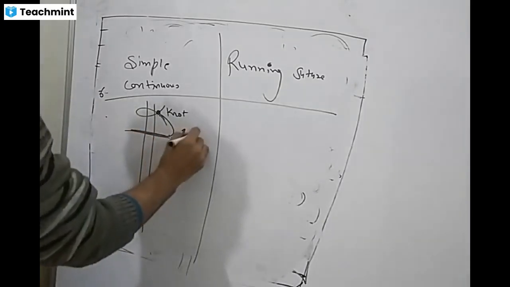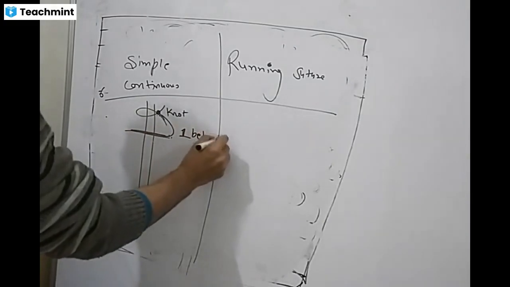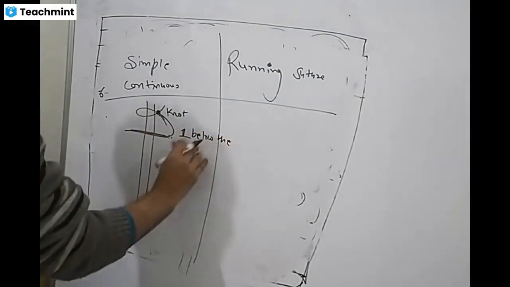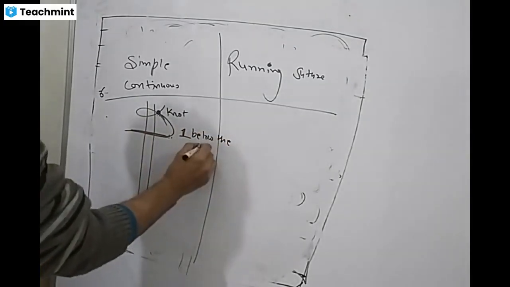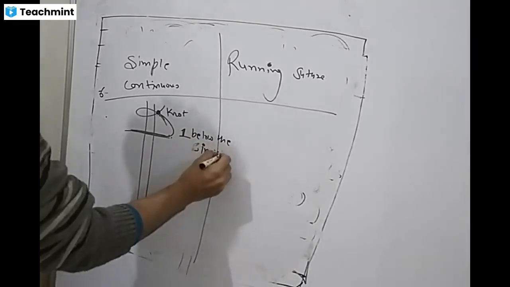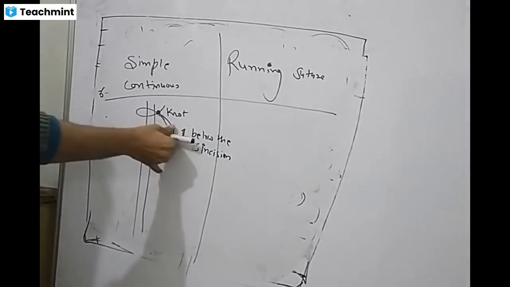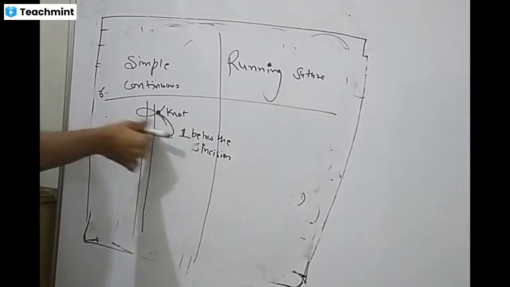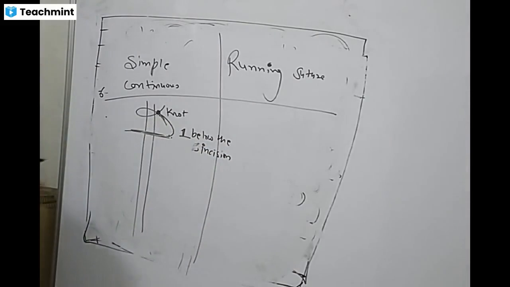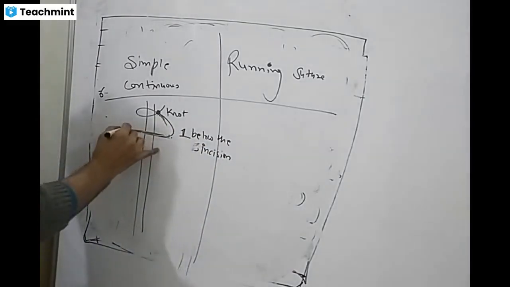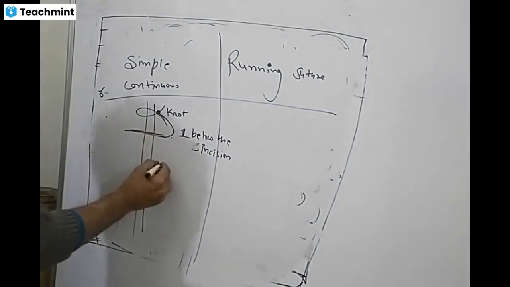And this is below the skin. Not below the skin, this is below the incision. The first entry is in perpendicular direction and it is below the incision. Second time from here we come at this point.